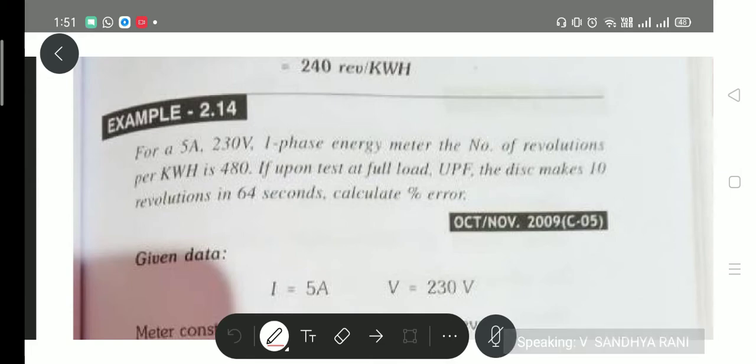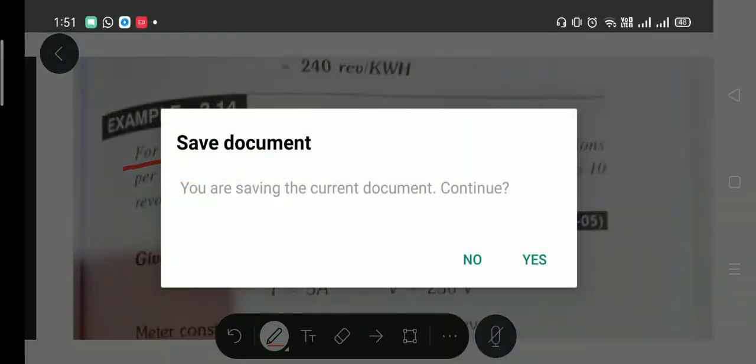First you have to take all the values. Current, voltage is given and number of revolutions per kilowatt hour is given. Meter constant, that is 480, k value also is given, and power factor UPF 1, and it makes 10 revolutions in 64 seconds. What is the percentage error? He is asking the error.